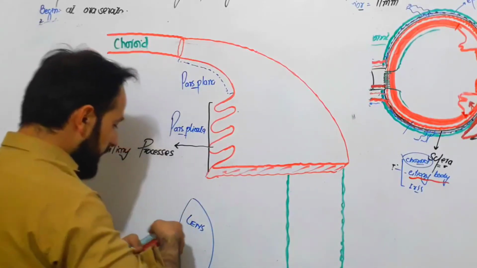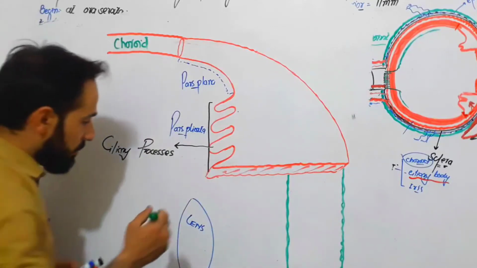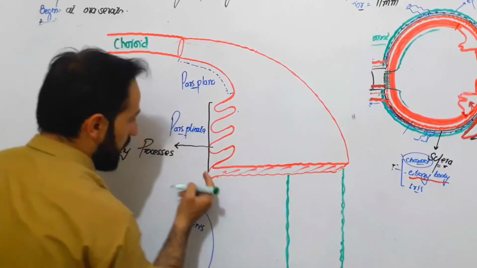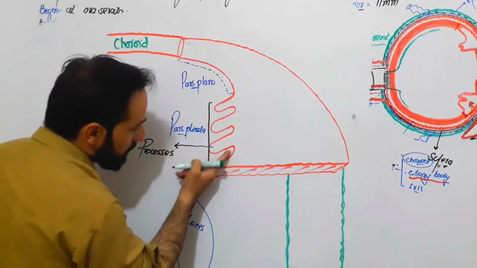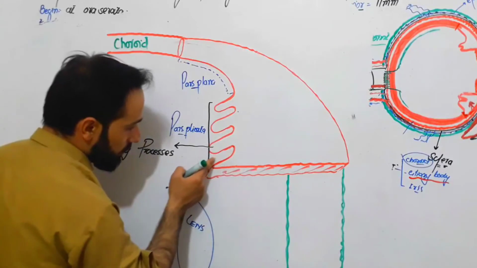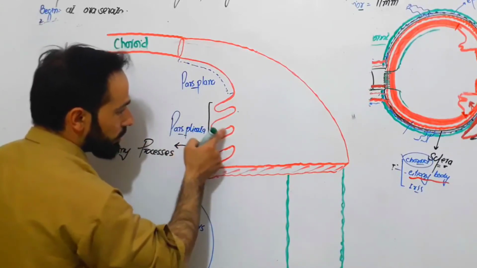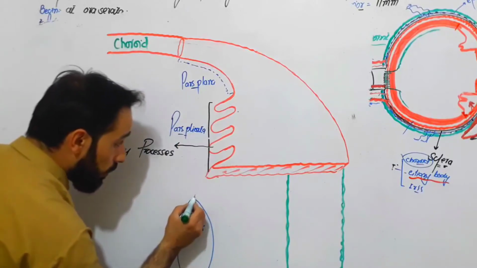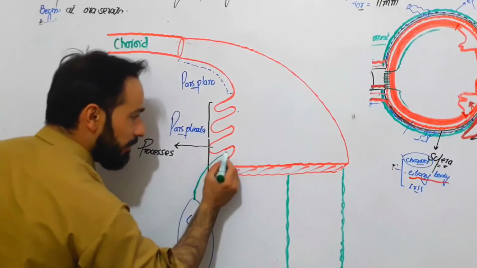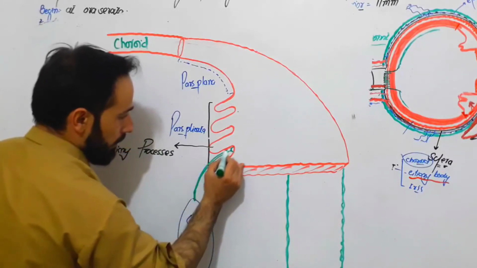Now the lens is suspended by a special type of ligaments which are called the suspensory ligaments, and these projections, the inner areas between the two projections, will support all those ligaments which come from the lens, right?